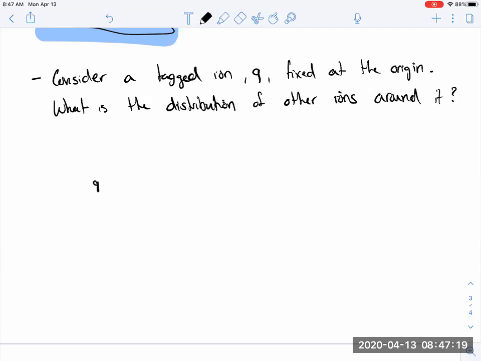So we have our charge here. It's in some solution. Give it another color for fun. It's going to accumulate some counter charges.